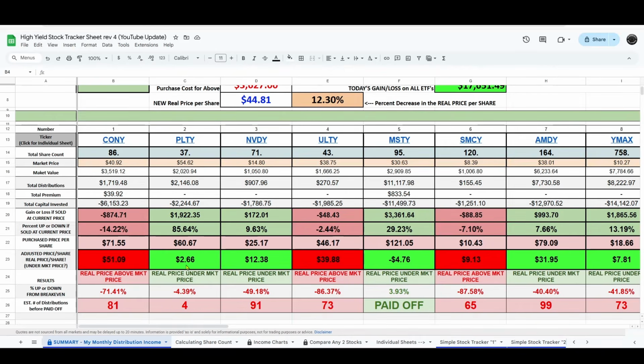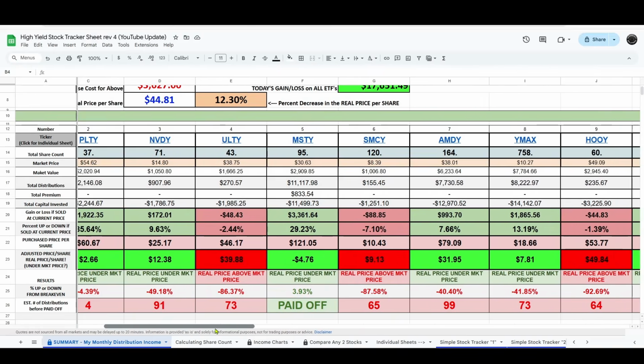So if I am to hold it and not sell, then I'm not making money until I make more in distributions than I have invested. Unless I were to sell out of those ETFs, then I could potentially make this amount of money selling it at that current price. So I'm calculating all of that for you right here on this summary sheet, and it just makes it nice, quick, and easy.